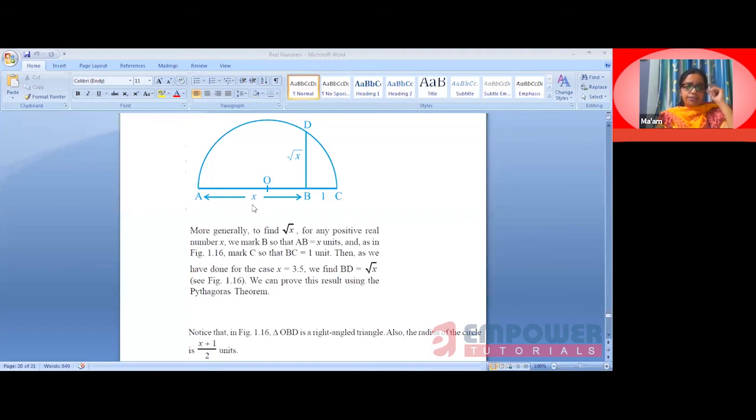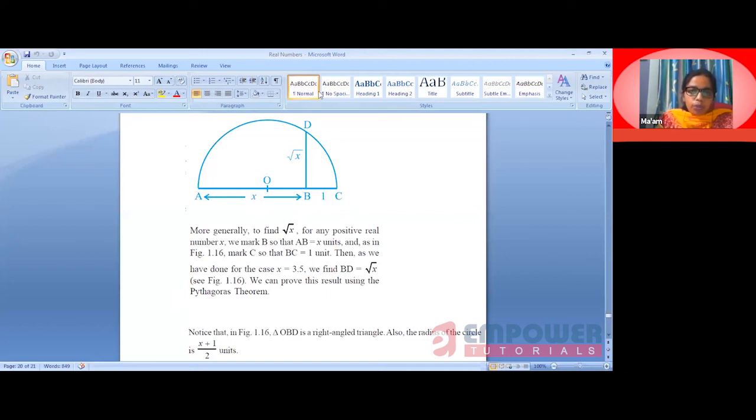They have given a theorem, basically we use the Pythagoras theorem, the same theorem, to represent the square root form of a decimal number. So if you want to represent root 3.5 on the number line, what you are going to do?